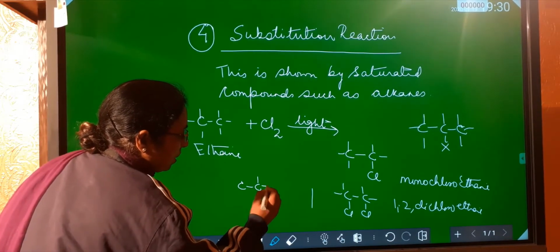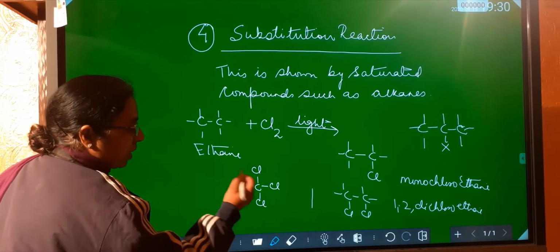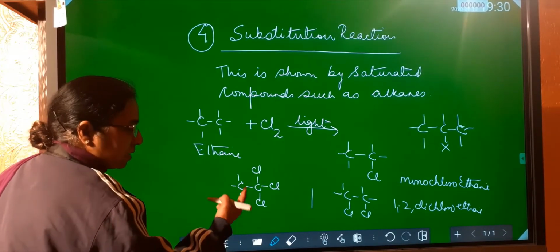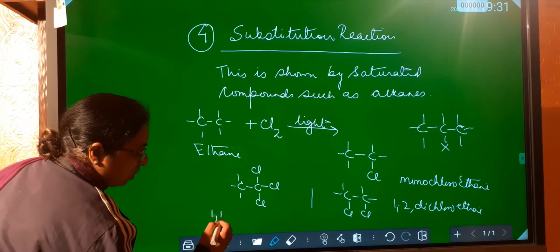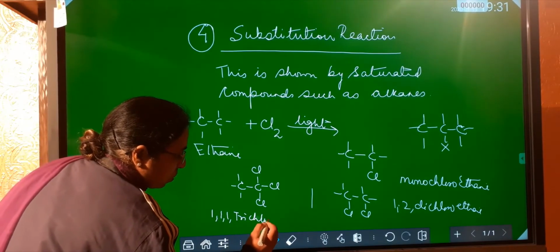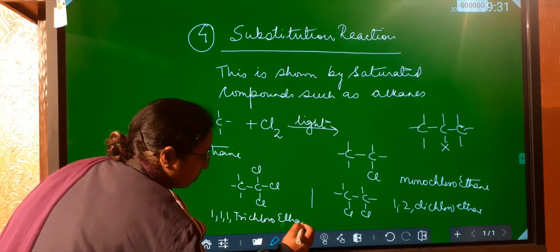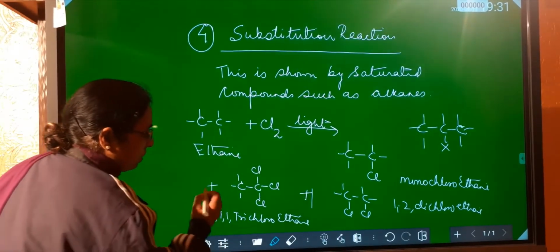Then I can get chlorine and chlorine. This is trichloro I have written, and this is on the same carbon, so this will be 1,1,1-trichloroethane. Alright, all these products I will be getting.